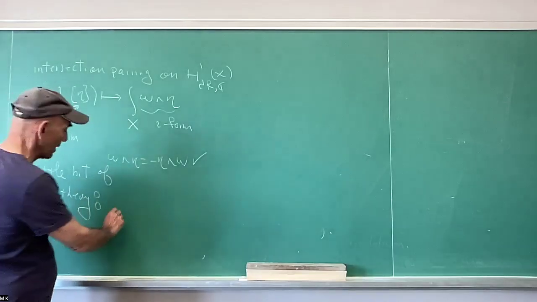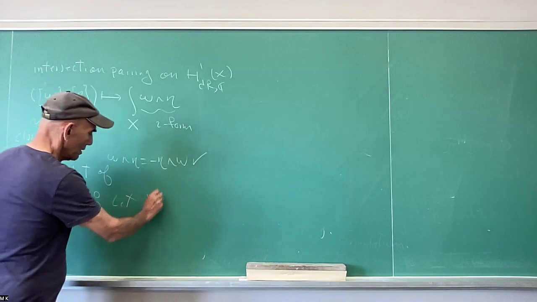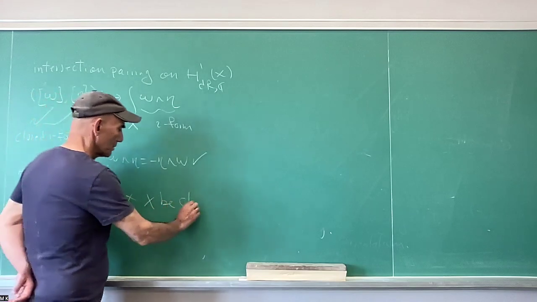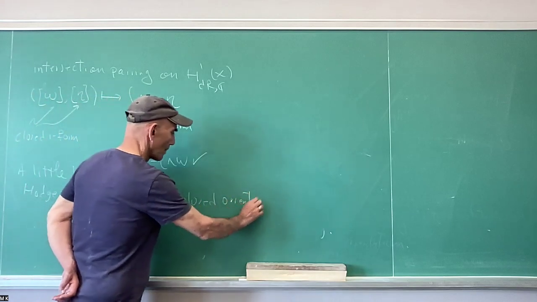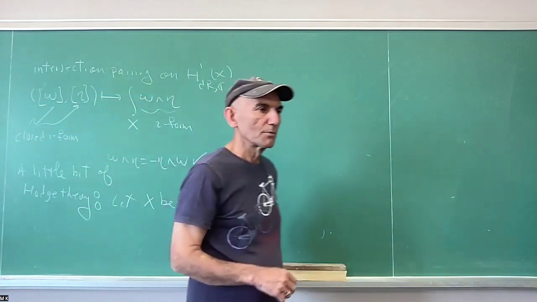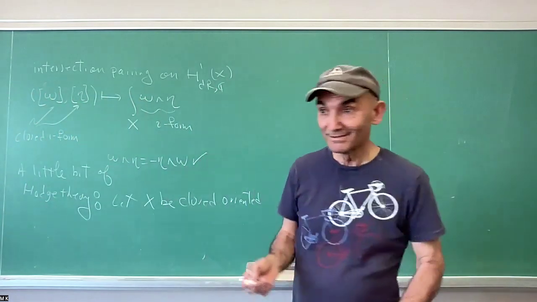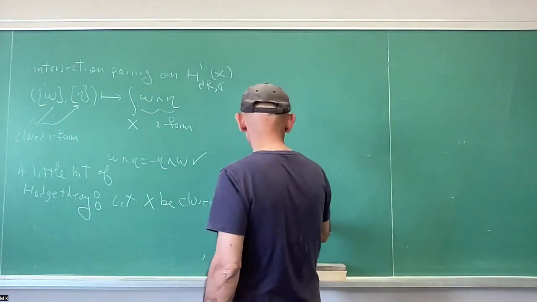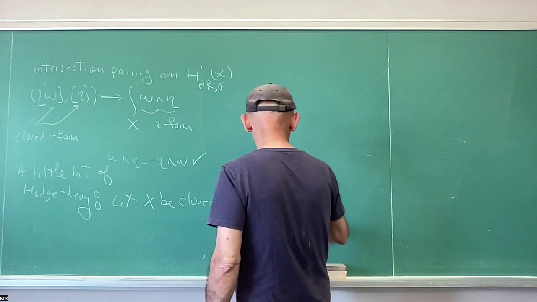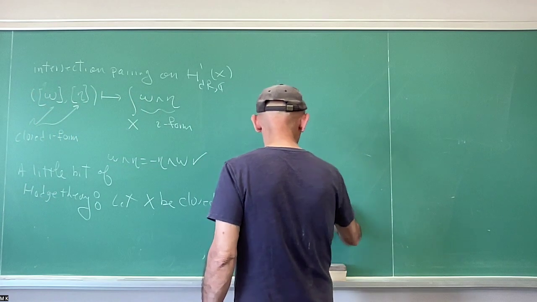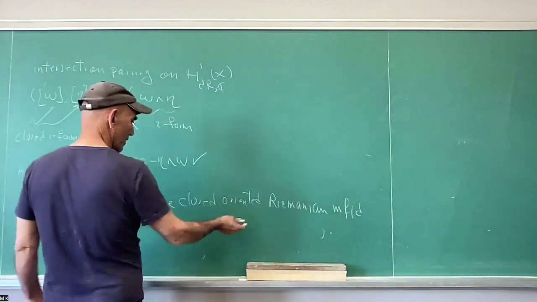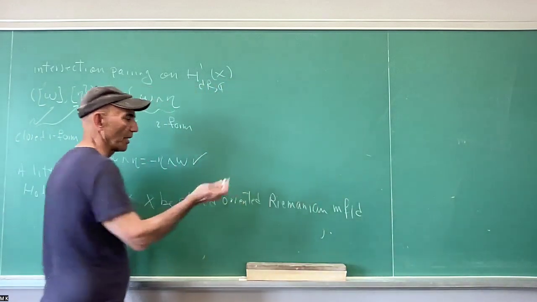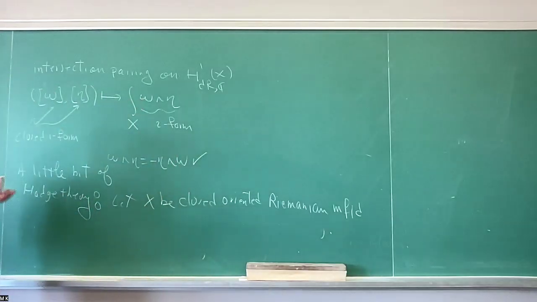So let X be a closed, oriented Riemannian manifold. So yeah, closed, oriented, smooth, of course, Riemannian. When I say Riemannian, it means that it's smooth because I could not define a Riemannian metric otherwise, right?